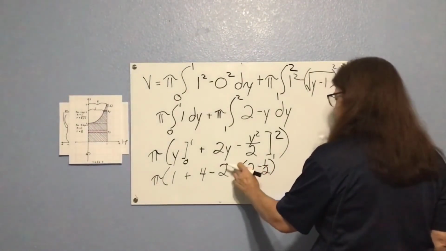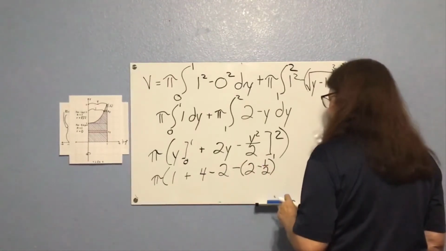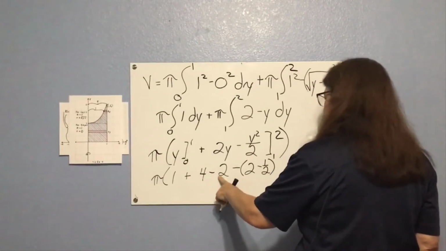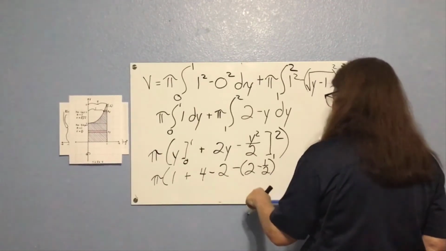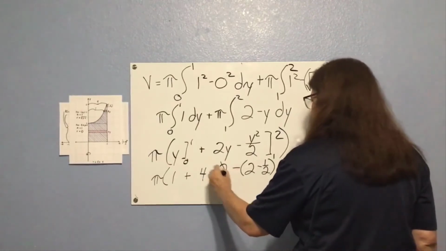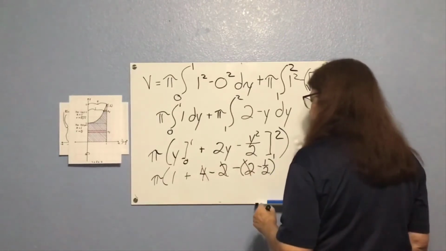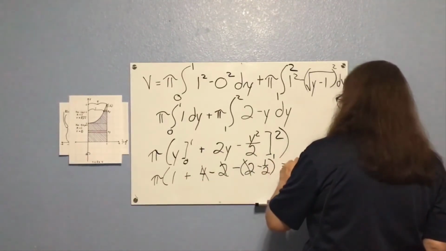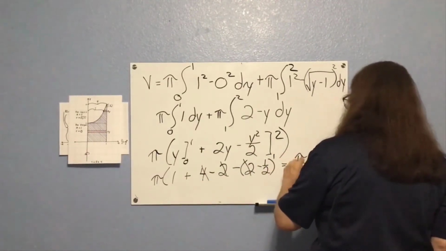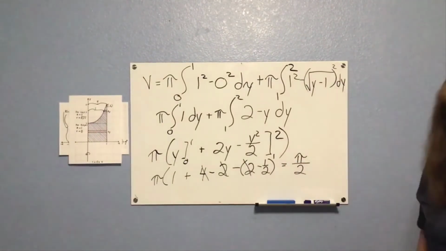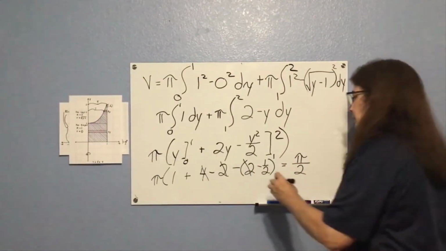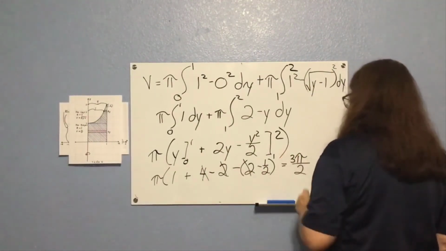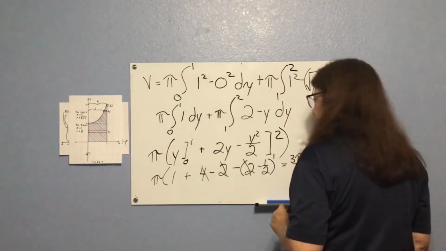So this negative and that negative make this a plus 1/2, but I've got 4 minus 2 minus another 2. Those three things cancel each other out, and I end up with 1 minus 1/2, so pi over 2. I'm sorry, 1 plus 1/2, because I've got minus and minus, so 3 pi over 2.